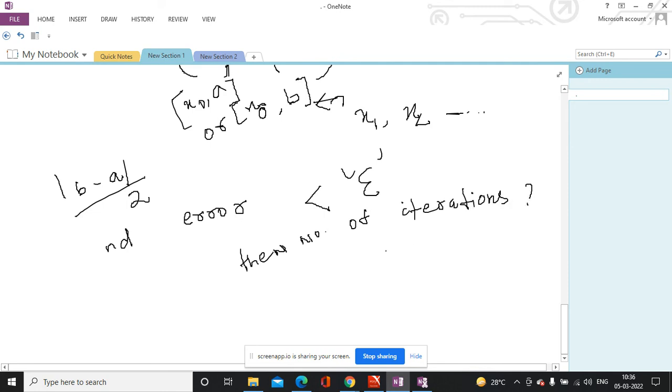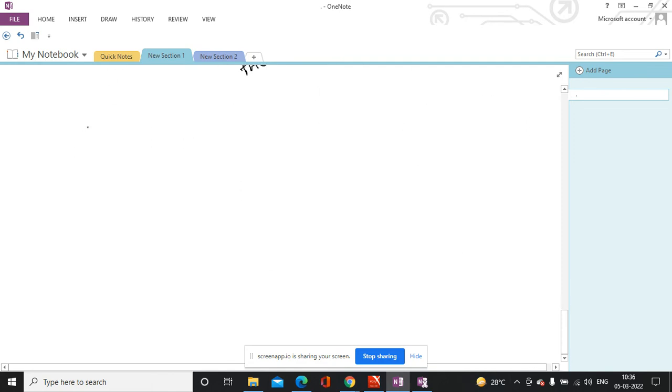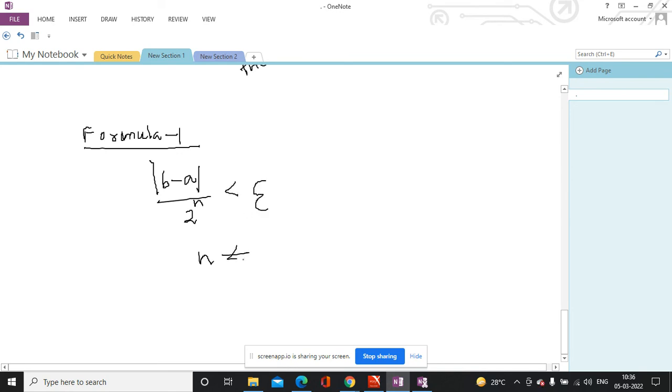There is a formula for that, let's remember it: b minus a divided by 2 to the power n is less than the error value. n is the number of iterations.